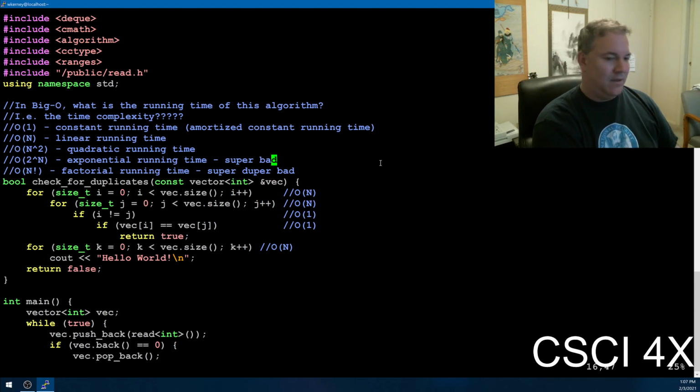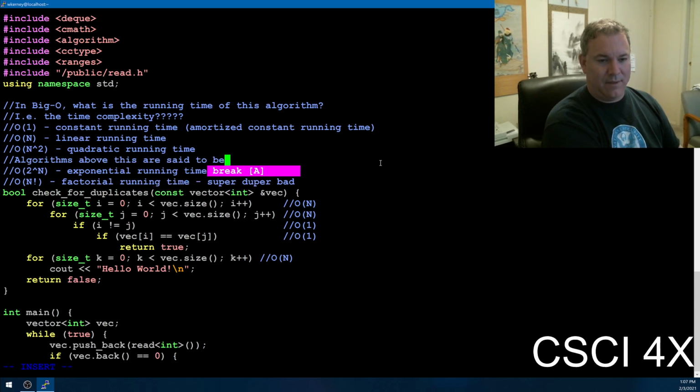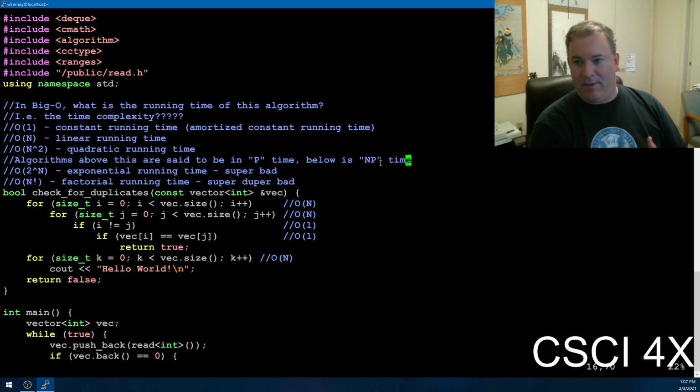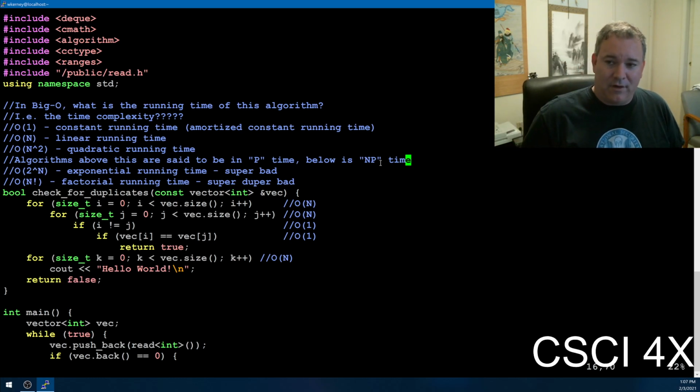But basically, algorithms above this are said to be in P time. Below is NP time. And P means polynomial time. You can represent it in a polynomial, x squared, x cubed, x to the 4th. All of those are faster than NP, non-polynomial ones, right?